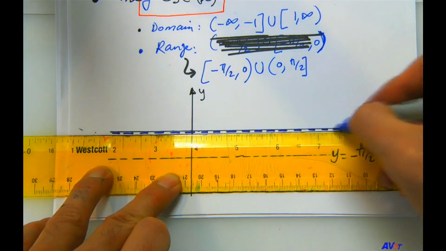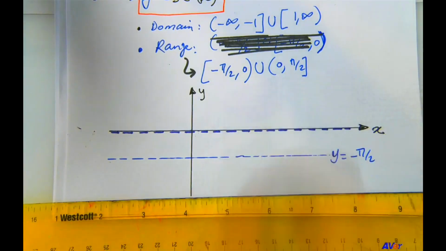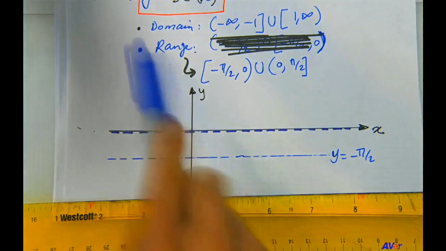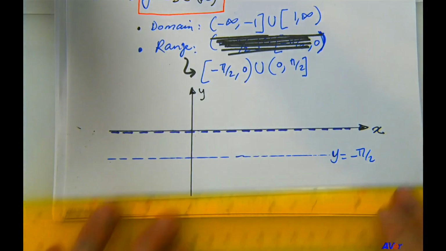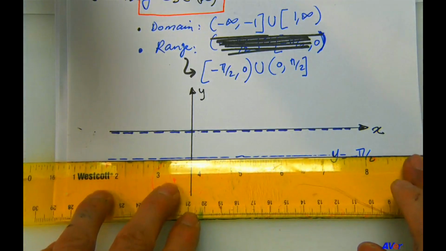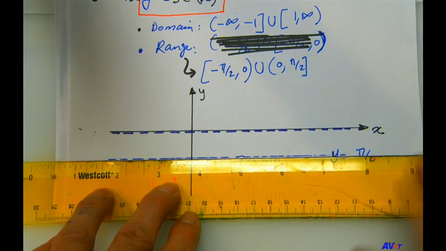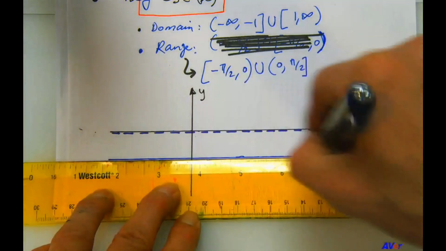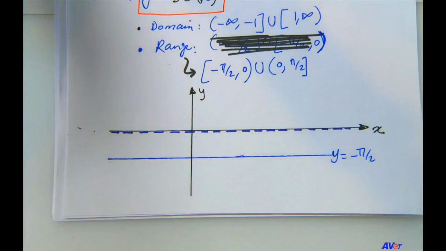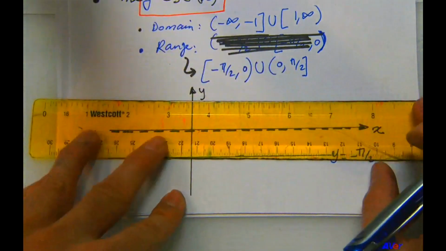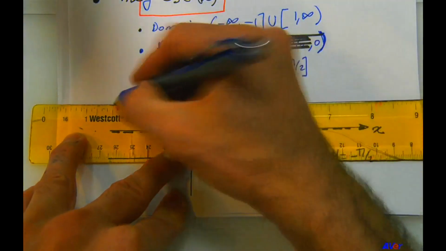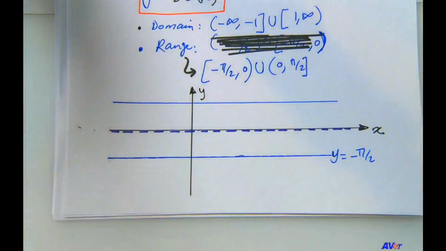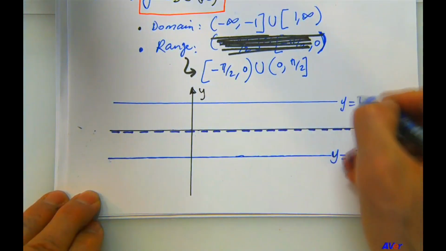And actually, according to this, the graph of the inverse cosecant function can touch y equals negative pi over 2 and y equals pi over 2. So let me draw these as a solid line. Like that. And this is y equals negative pi over 2 and also y equals pi over 2 right there.